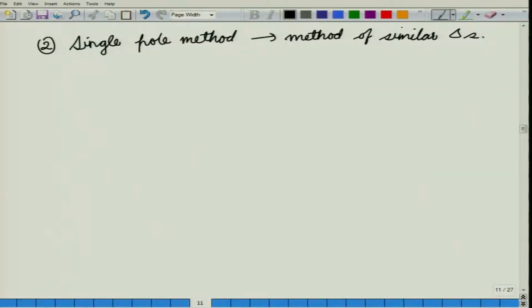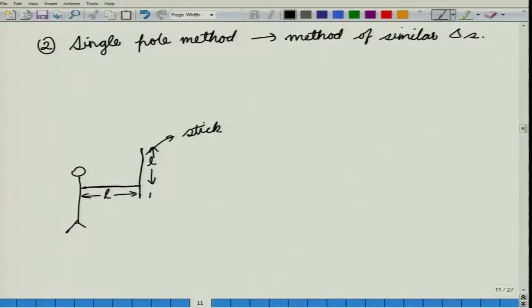In the single pole method, we have an observer who extends his arm and then holds a stick in such a way that the length of his arm and the length of the portion of the stick that is above his arm are considered. Suppose this is our observer, this is his arm and he is holding a stick, so this is the stick.